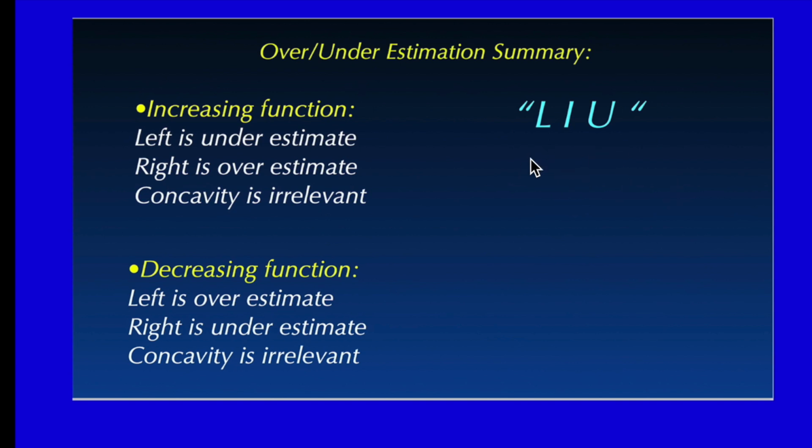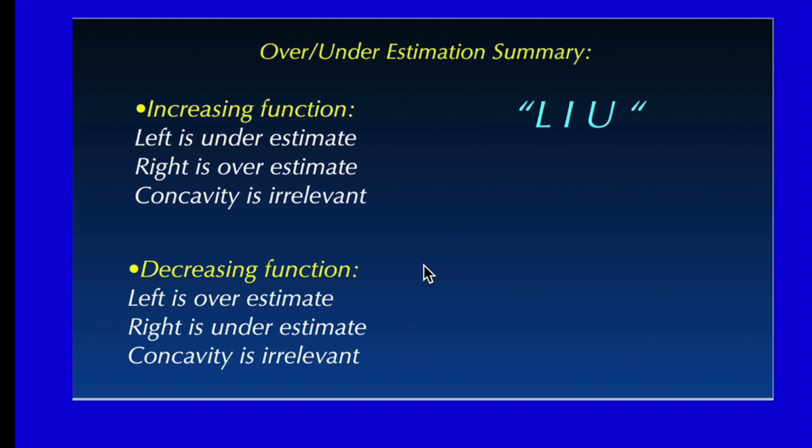Moving with a decreasing function, same thing, we're still going to use LIU. So what's going to change now is increasing to decreasing. If you have left decreasing, one thing changes, therefore you could think of that as one negative sign. This becomes opposite, so left decreasing is going to be an overestimate.